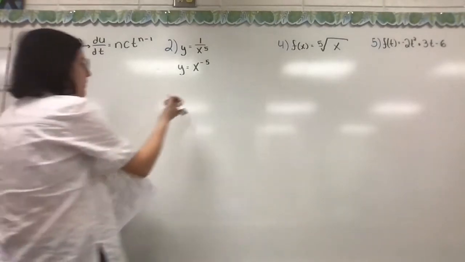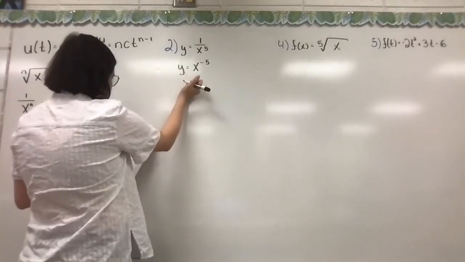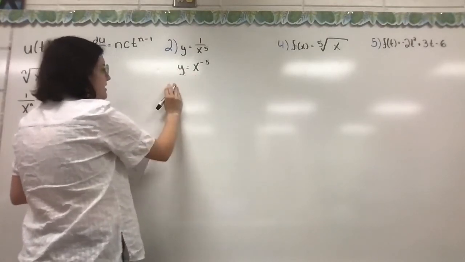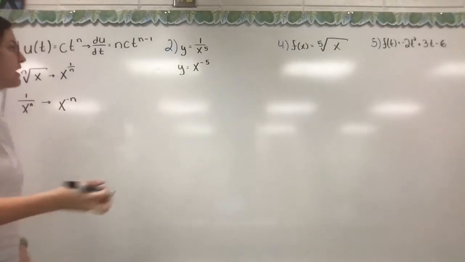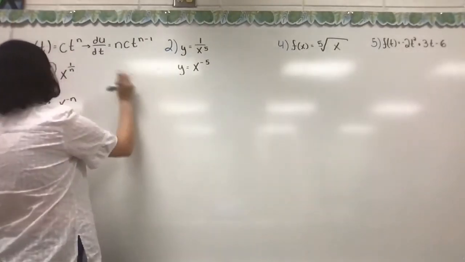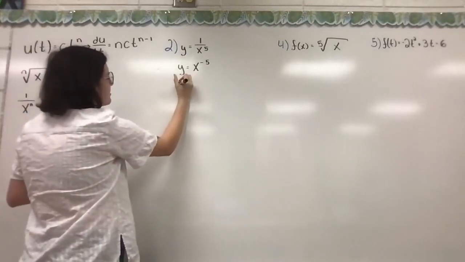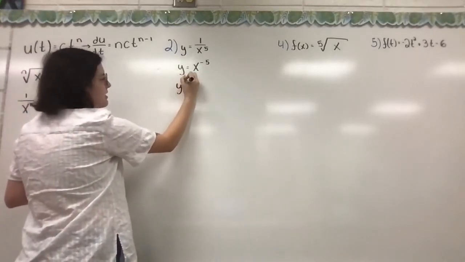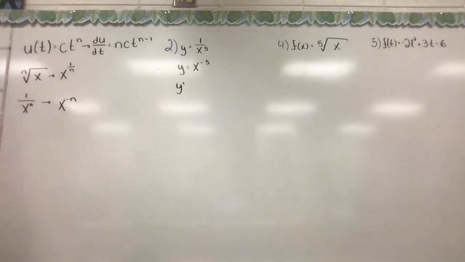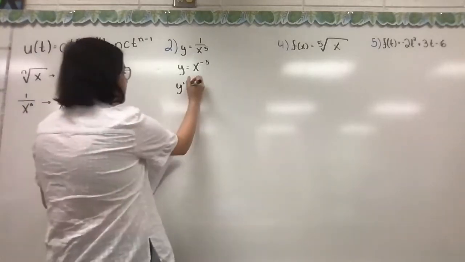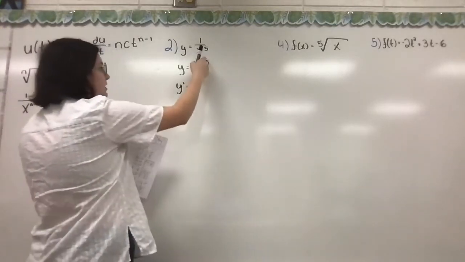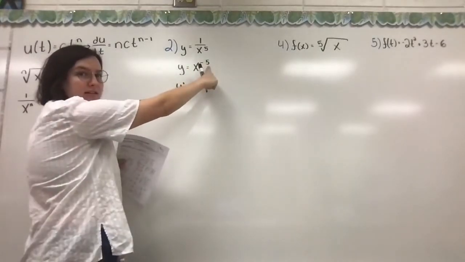So when we take the derivative of this, one of the ways you might see people write the derivative, yesterday, we had the du over dt or whatever. Another way you'll see people write it is with this little apostrophe, okay? So a y apostrophe is a way that we're saying that we're taking the first derivative of this, all right? And when we do that, we still bring down, remember this would be our n, right?